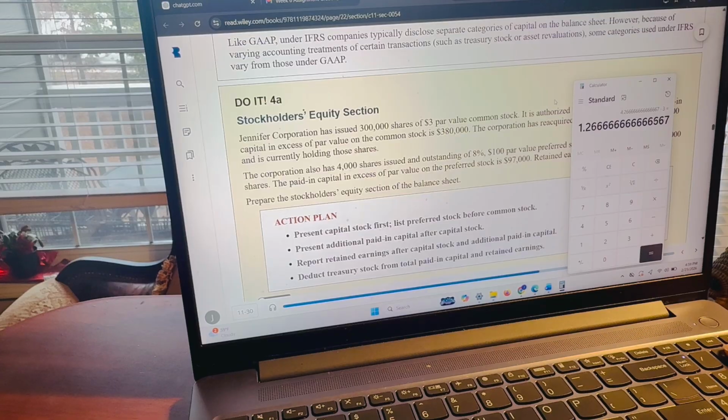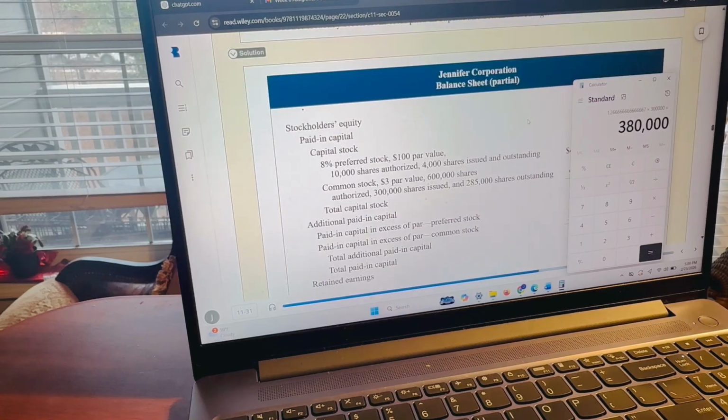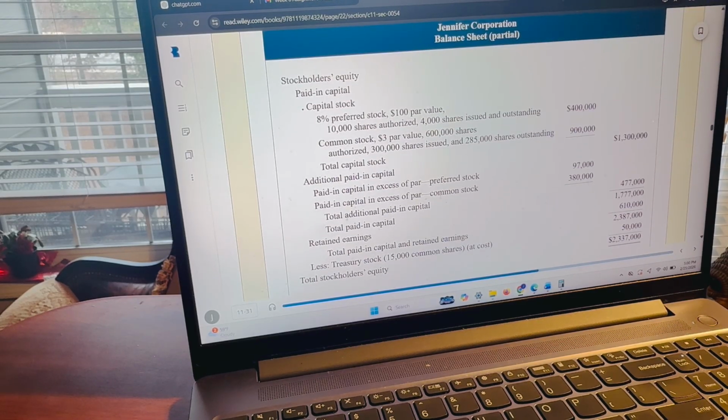So in order to determine that total additional paid in capital amount, we multiply it by the 300,000 shares, and that gives us 380,000. Okay, so that's how they got the 380,000, right? And as you can see, paid in capital in excess of par, common stock is 380,000.